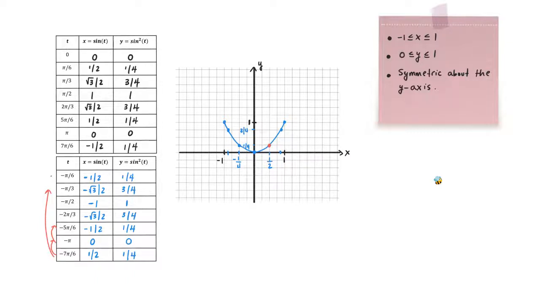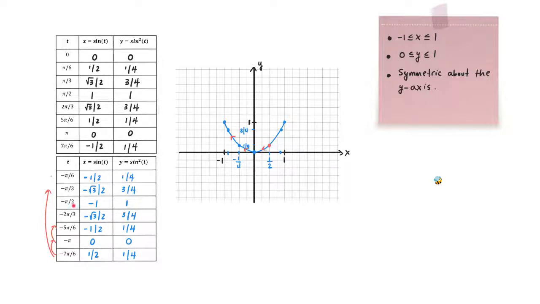So I think that it's time for me to put arrows. And then when I continue with -2π/3, the point becomes (-√3/2, 3/4). So then that becomes this point over here. So again, as if the bug continues to move in that direction.